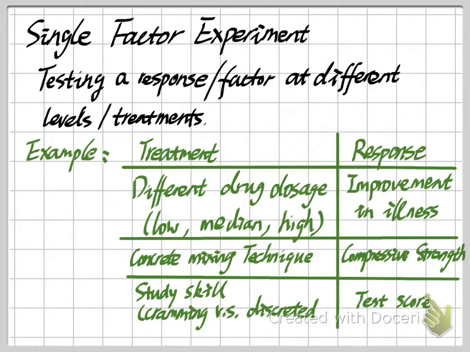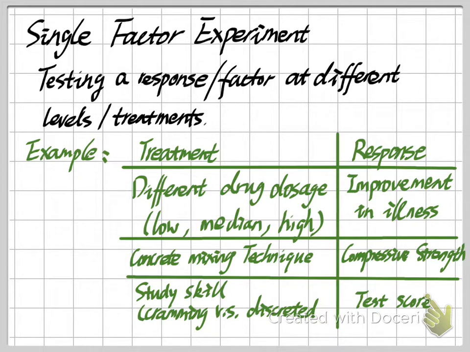And this can also be many examples. For example, about manufacturing, the concrete mixing technology. This needs to be only one factor, and it should have several levels. And then the response is the strength of this product. Also, for students, this is about study skills. Of course, there are many things that will affect study skills, like the time you spend on study, the materials you use, and the style, like when or how you study.